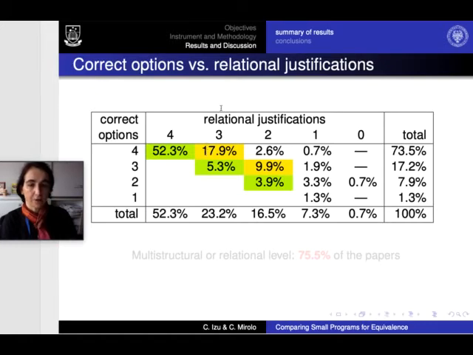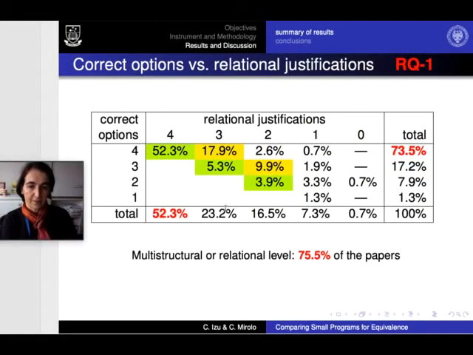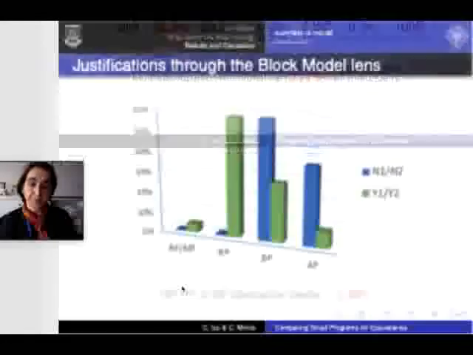And also another 23% provide relational justifications for at least 3 correct options. So that means that if we add them together, 75%, or 3/4 of the class, were working at the multistructural or relational level, which is a good result.